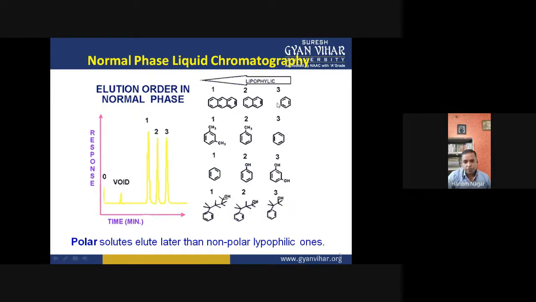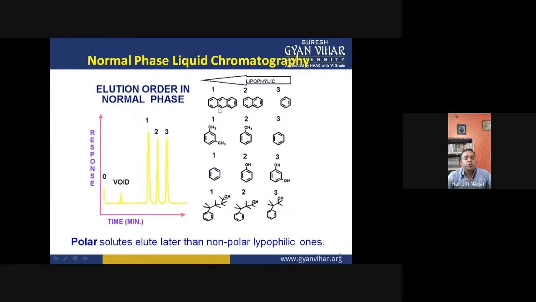If we move from benzene to naphthalene and naphthalene to anthracene, their lipophilic character is in increasing order, meaning their hydrophobicity and non-polarity are increasing. Anthracene is the most non-polar and benzene is the least non-polar.